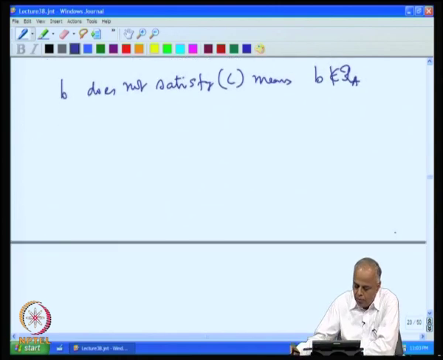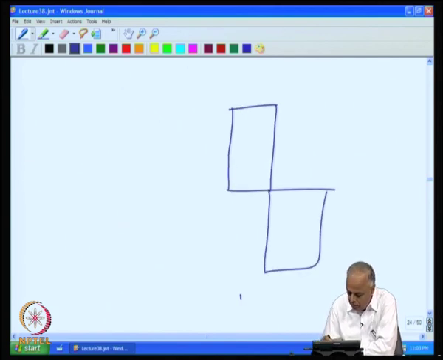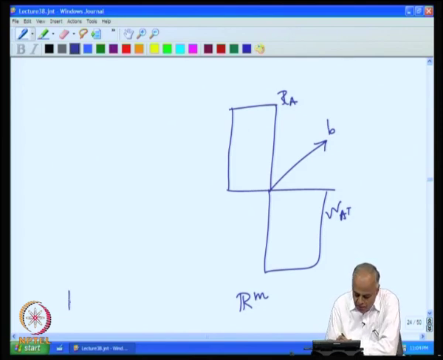So, therefore, we have the following situation: we have the R m side, and we have the range of A, and the null space of A transpose. So, B is somewhere here, falling outside the range of A. What does that mean?